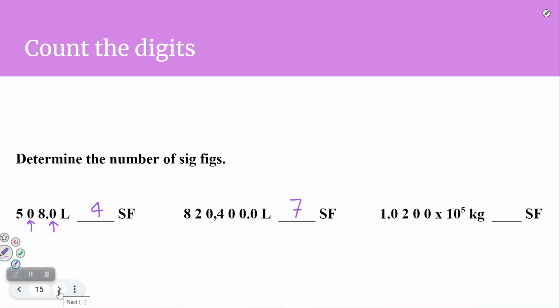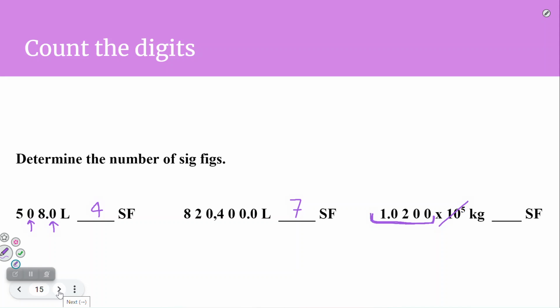How about this next one? Ooh, that's a little bit difficult. It's written in scientific notation. If you have a number written in scientific notation, the rule of thumb here is you only pay attention to this guy. Don't look at the exponent because all that's doing is moving your decimal around and adding insignificant zeros. So we're only going to look at this part right here, the M. Remember, the part that's bigger than 1 but less than 10?